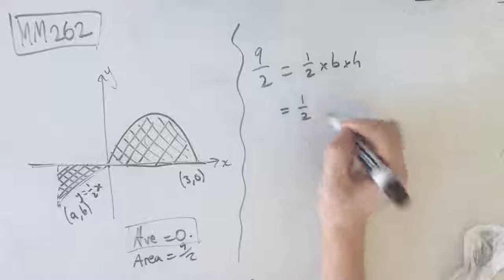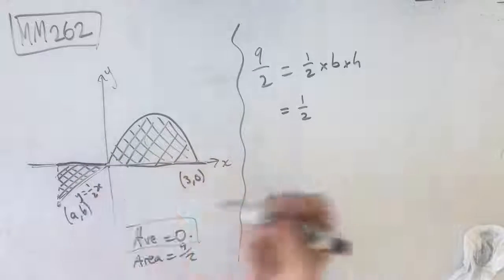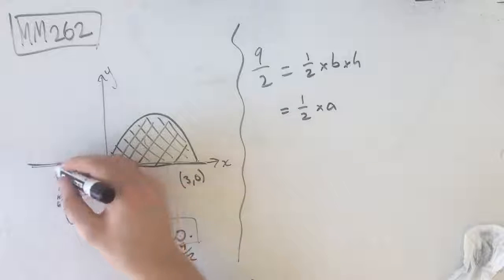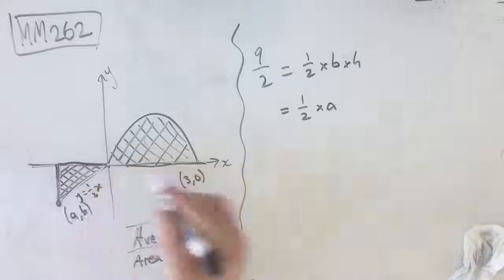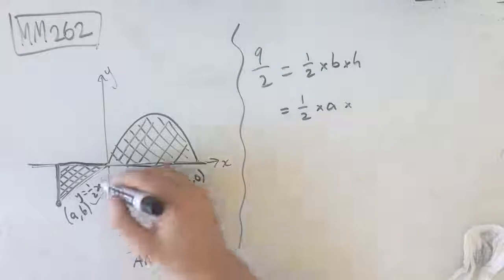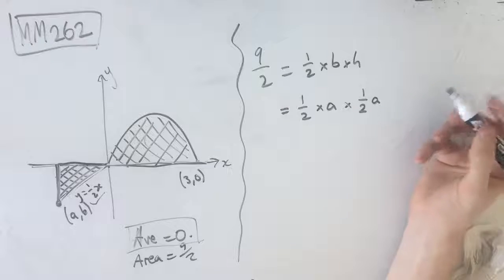I'm going to call this side our base, and our base is just our x value, which is a. Our height is our y value, which is given by 1/2 x, and in this case our x value is a, which means that our height is given by 1/2 a.